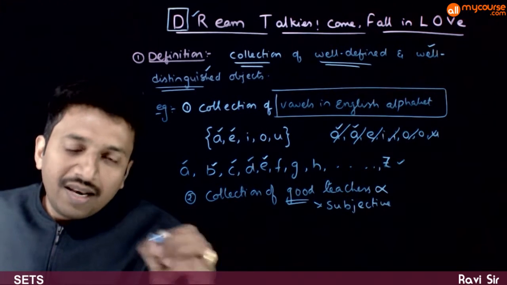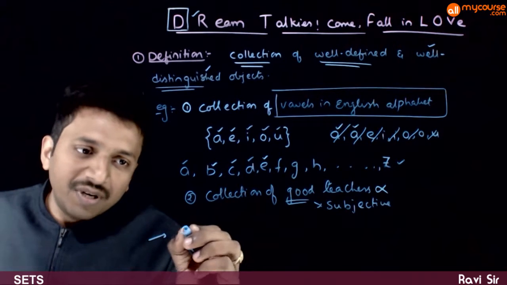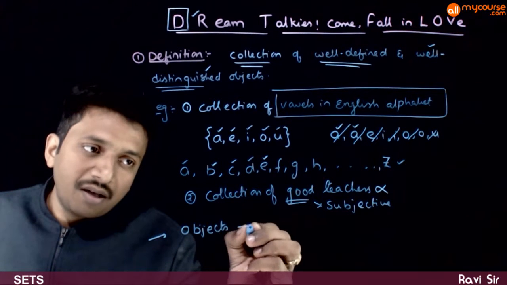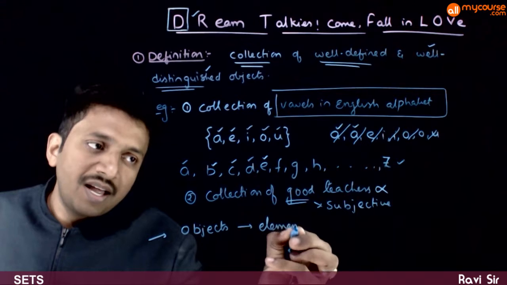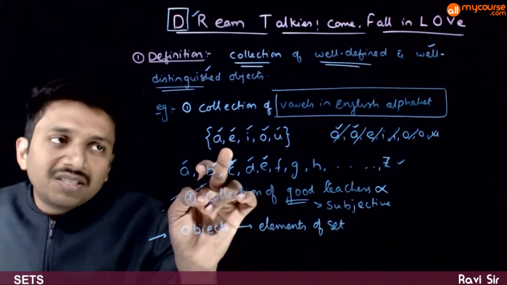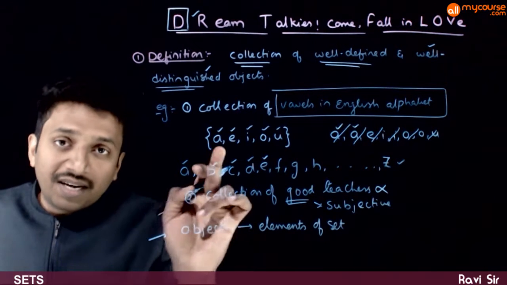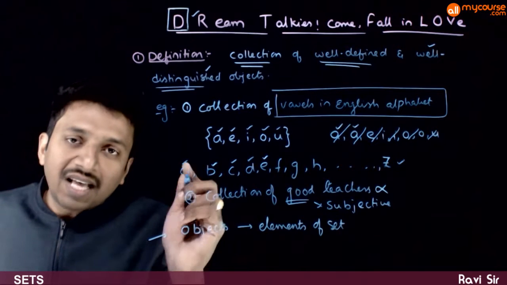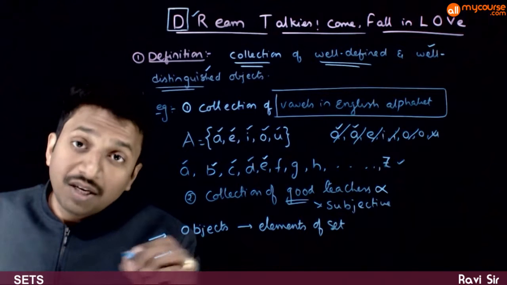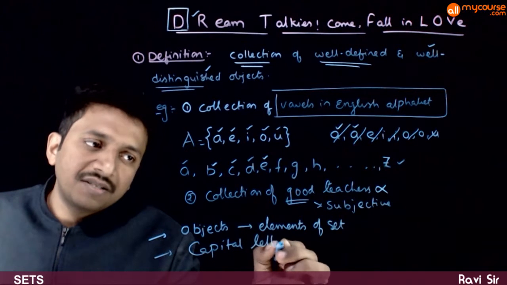So next, the objects in the set are called elements. The objects present in the set are usually called elements of the set. So how many elements does this set have? This set has 5 elements. And sets are usually denoted by capital letters.